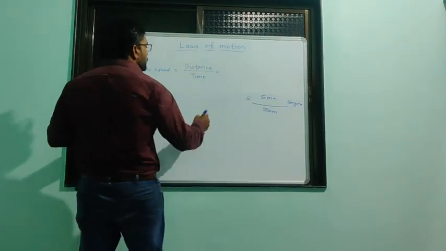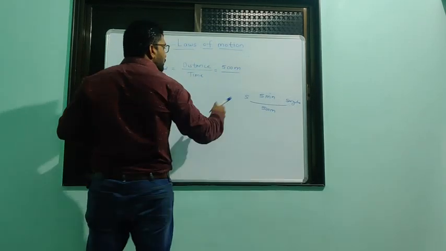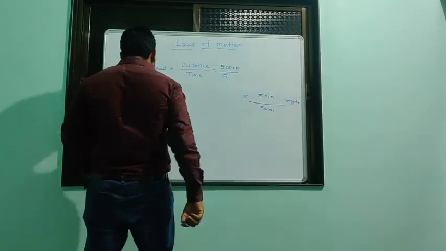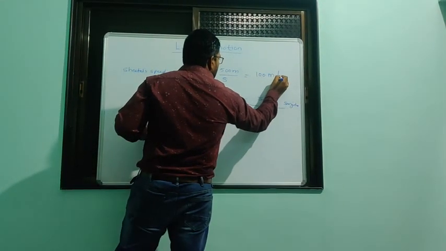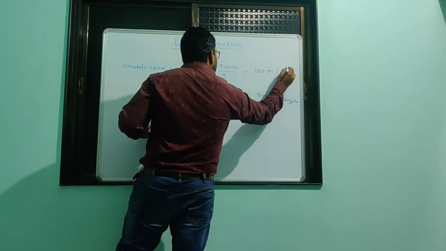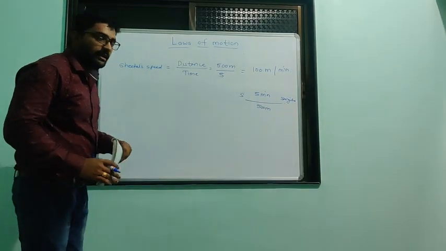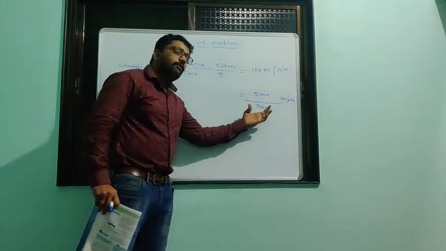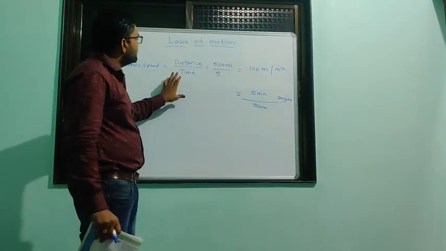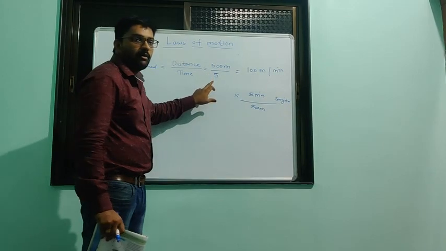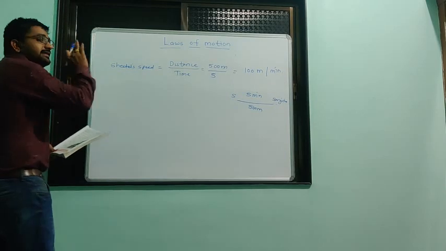Distance is 500 meters, time is 5 minutes. So it will be 100 meter per minute. That is Sheetal's speed, because she has to cover 500 meter distance in 5 minutes. So the formula is distance upon time, 500 meters upon 5 minutes, 100 meters per minute.